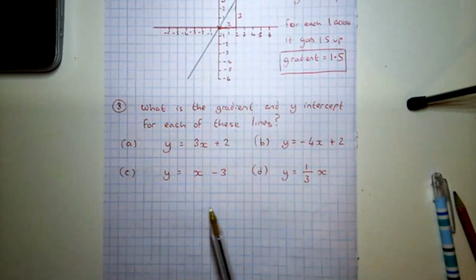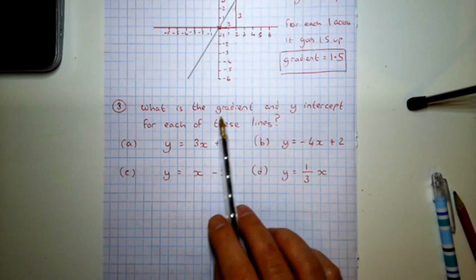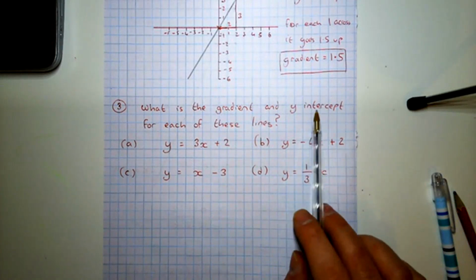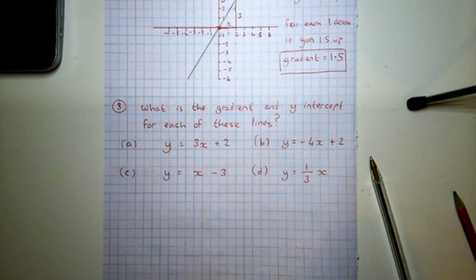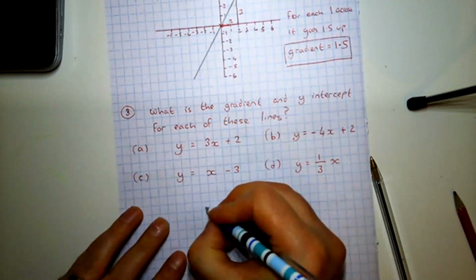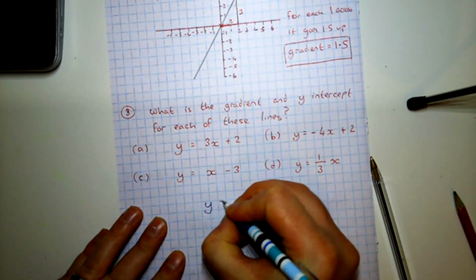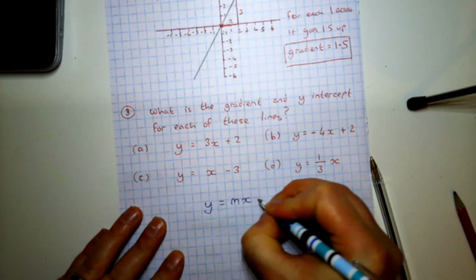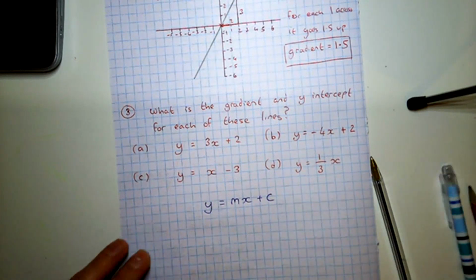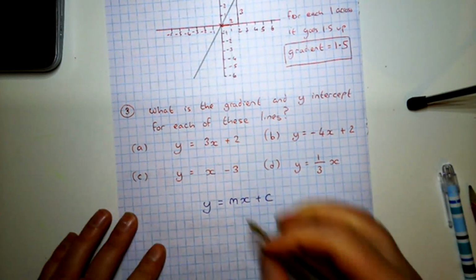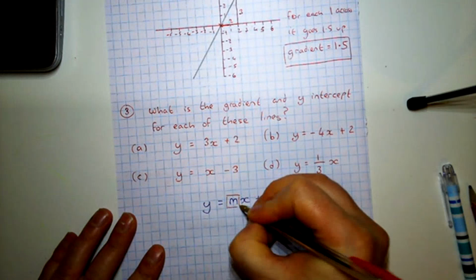Right, sometimes you haven't got the lines and you want to figure out the gradient and the y-intercept. So in general, your equation of your line, y equals mx plus c. The m is your gradient.